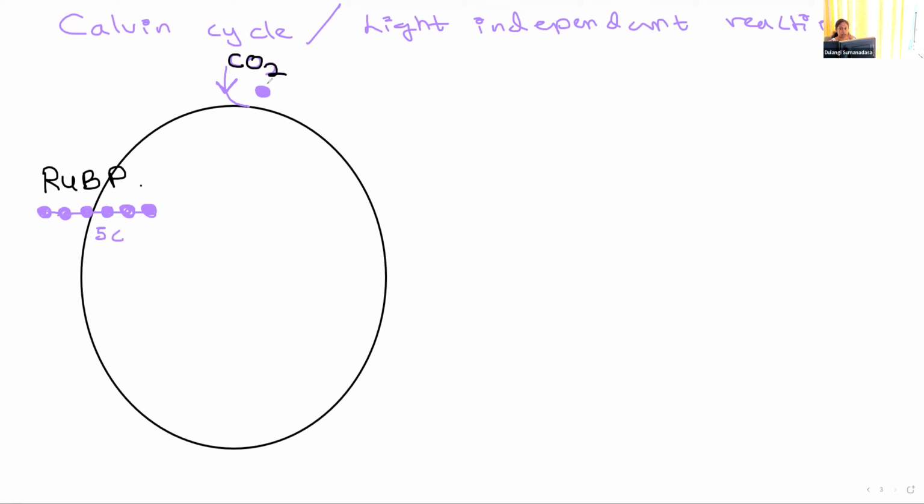Right, so the first stage of the light independent reaction, the Calvin cycle, is carbon fixation. I'm going to fix the atmospheric carbon into the Calvin cycle. We are introducing an extra carbon from the outside.